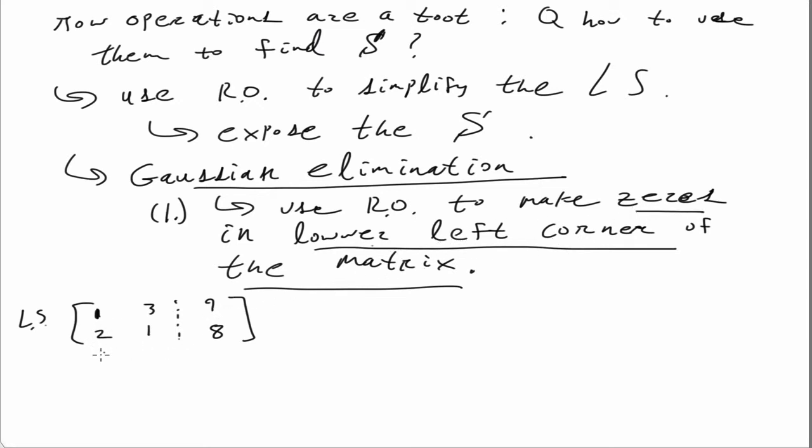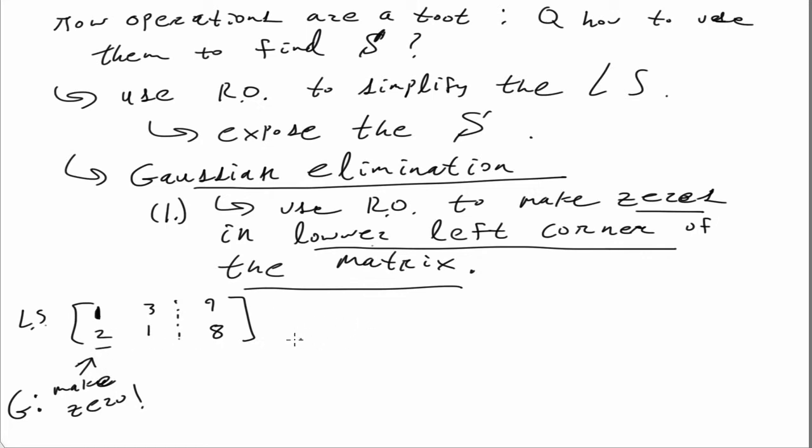So I want to make that 0. That's my goal. All right, so I can see if I multiply row 1 by -2 and then add it to row 2, that's going to make that 0.